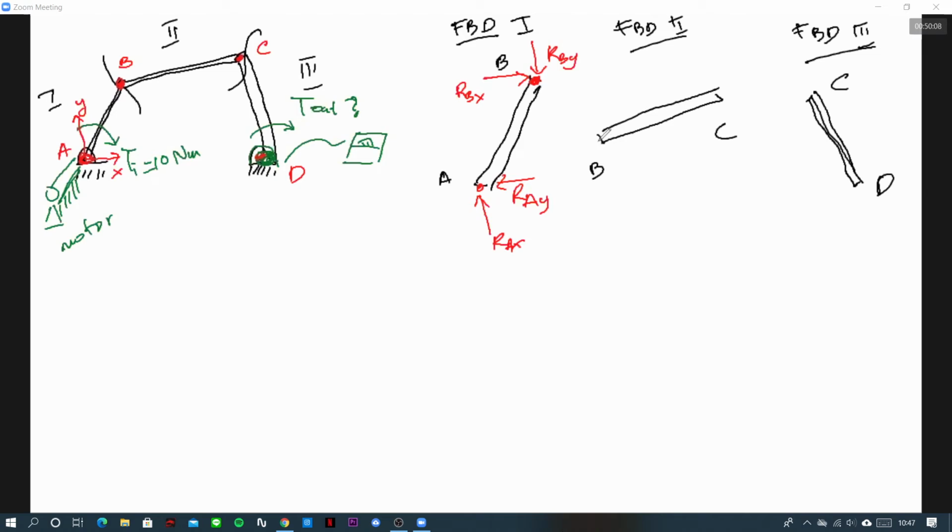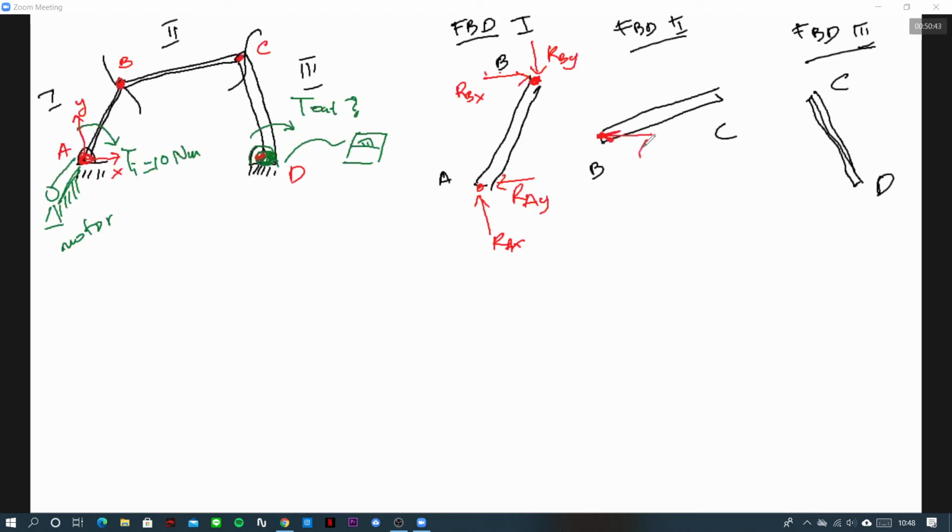For the free body diagram of link 2, we also have point B. What about the reaction force? Here is what you have to remember: because B for body 2 and B for link 1 are the same, the value of RBX here should be the same as the value of RBX for link 1. But the direction should be opposite.